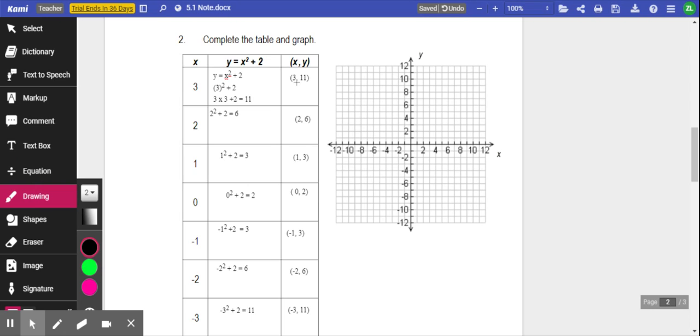So these are our coordinates, and now we can graph them, just like we did in the last one. So if we go to the first one here, 3 and 11.